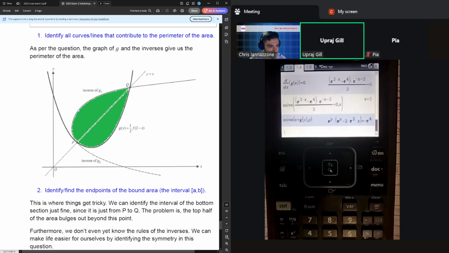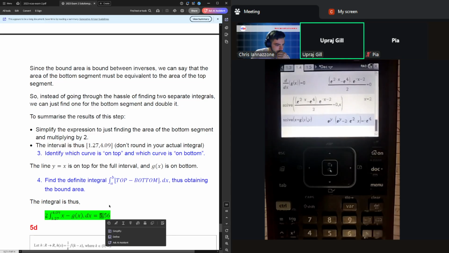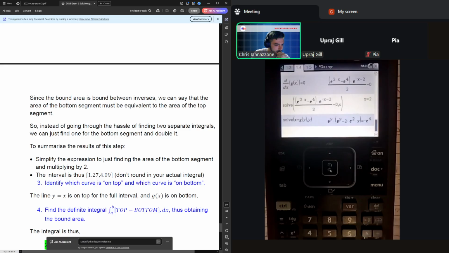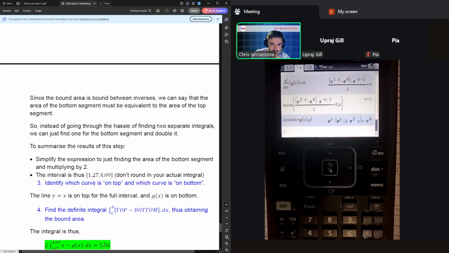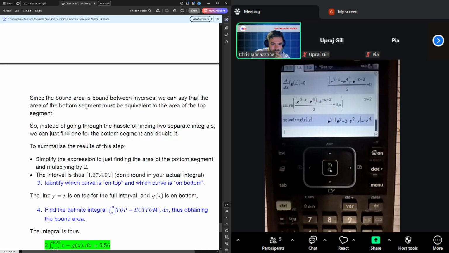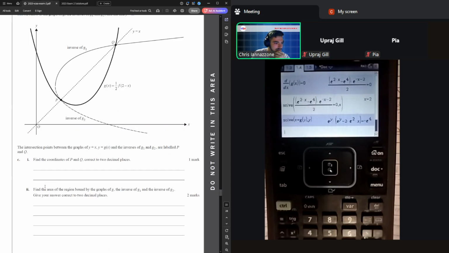Chris, just a question. When we get our own number, like 5.56, do you think for an exam it would be valuable to write it as unit squared? Yeah, look, it can't hurt to put unit squared in there. If I have a look at the prescribed answers in the methods report, they don't ever actually put unit squared on anything. I've never actually seen unit squared in one of the VCAA exam reports, so I'd say it probably doesn't matter.